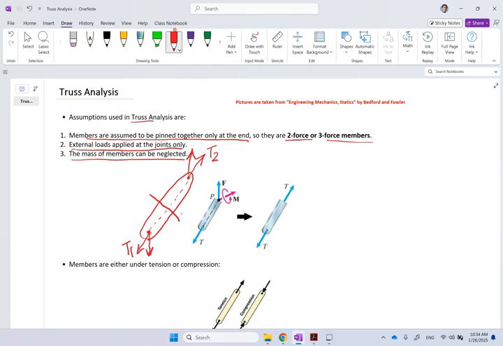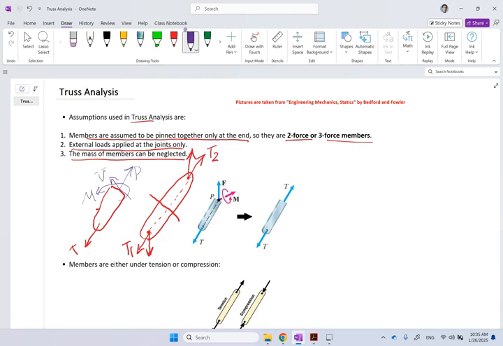A 2D member, when you cut it and bring it out and look at one side of the cut, like here, and this is that T. In general, there are three reactions, right? There is what we call a shear force V. There is this normal force P, and there is this bending moment M.